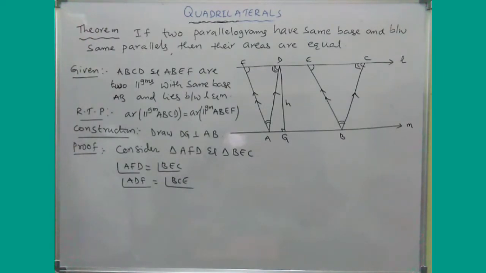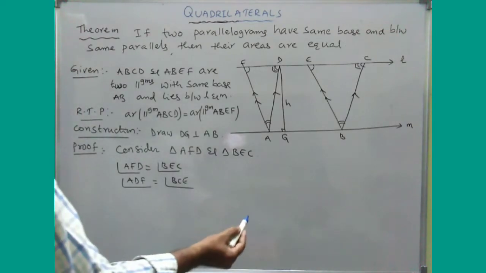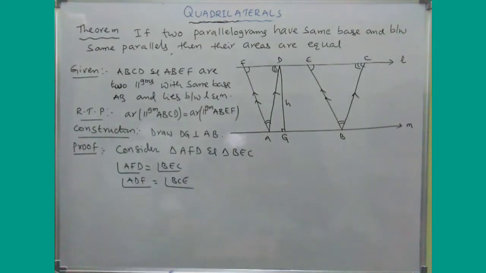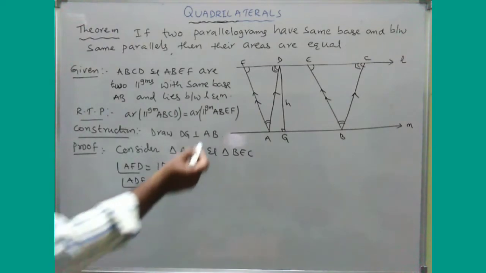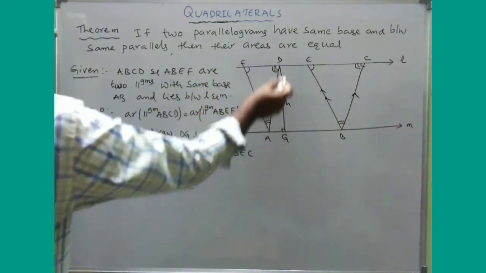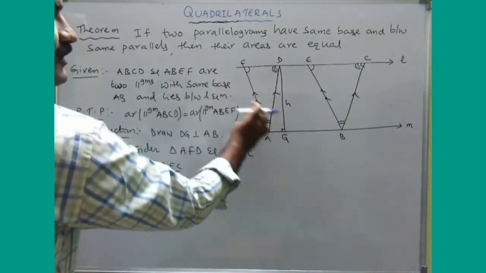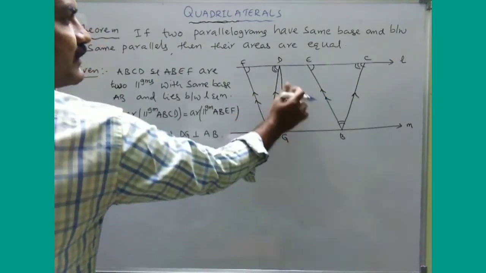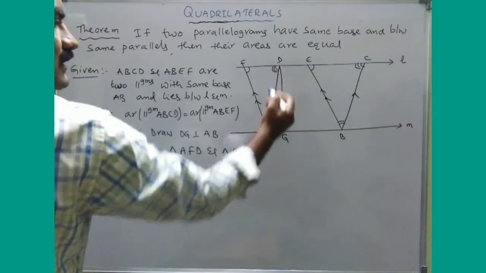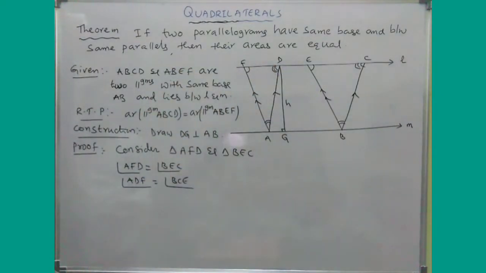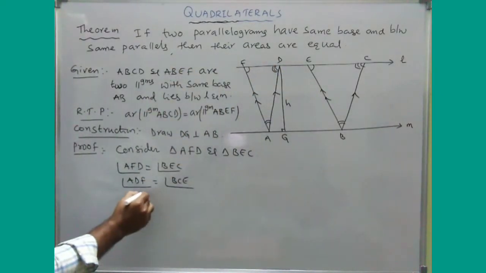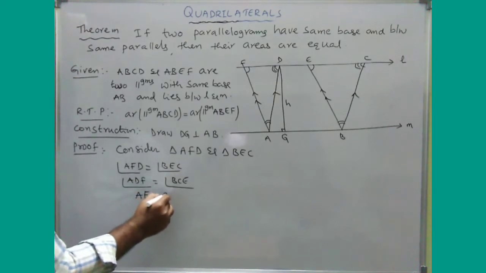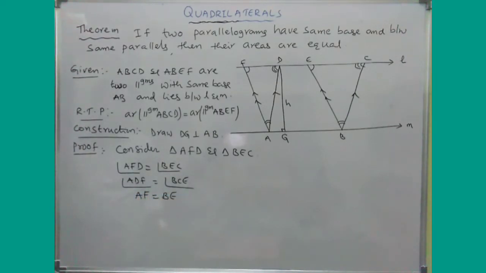And moreover AF is equal to BE, because AF and BE are the opposite sides of parallelogram ABEF. Hence I can write that AF is equal to BE.